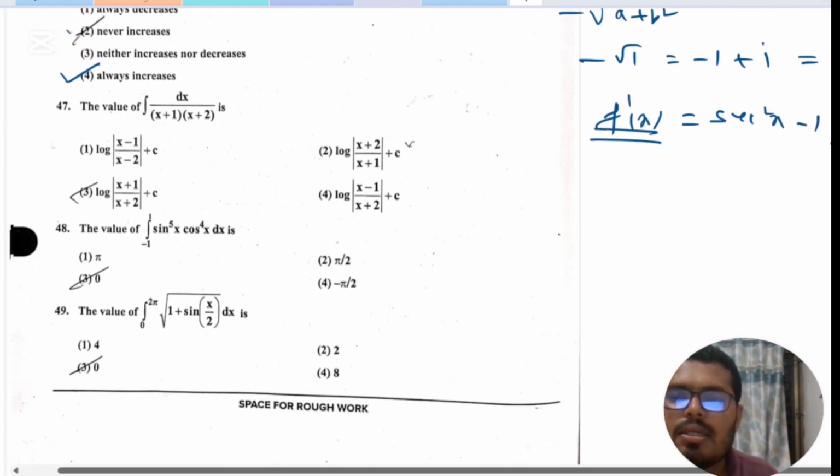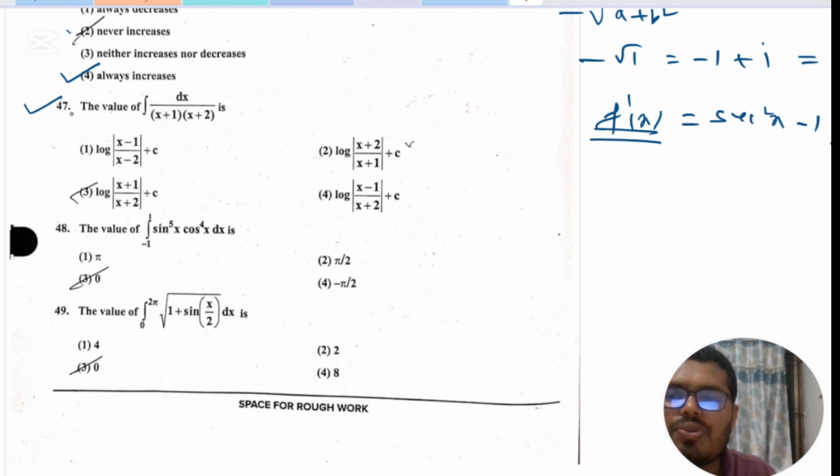Next is question 47. The value of the integration of dx by x plus 1 into x plus 2. By using partial fractions we can find out the values of a and b: 1 is equal to a into x plus 2 plus b into x plus 1. What is the value of b?